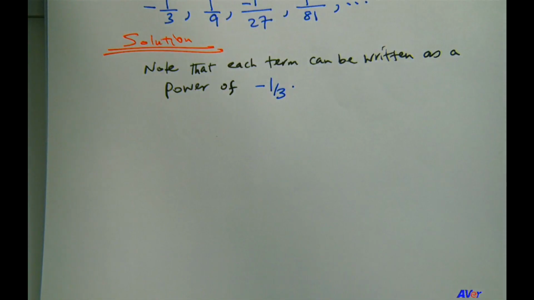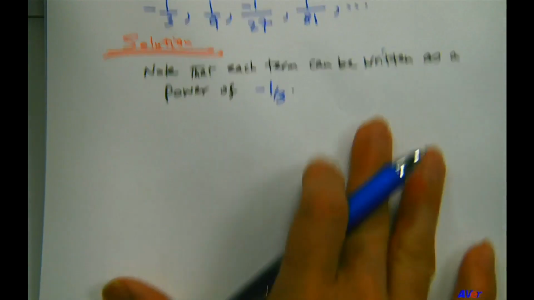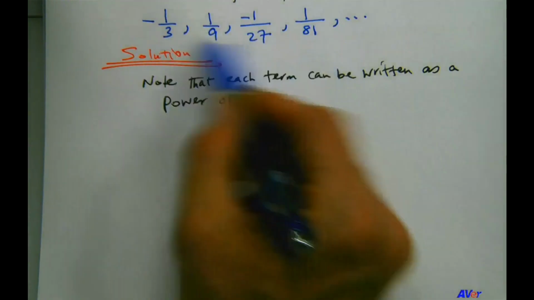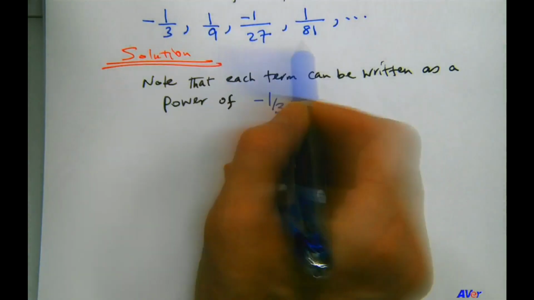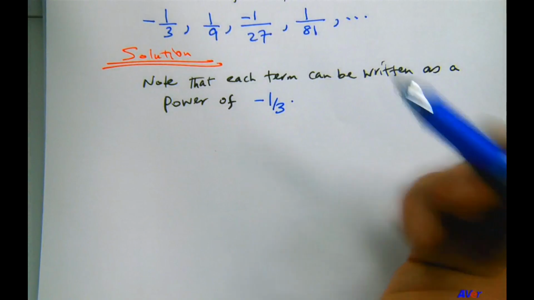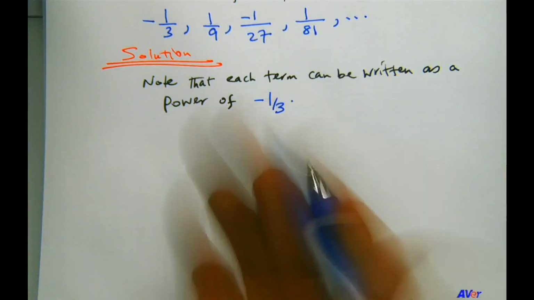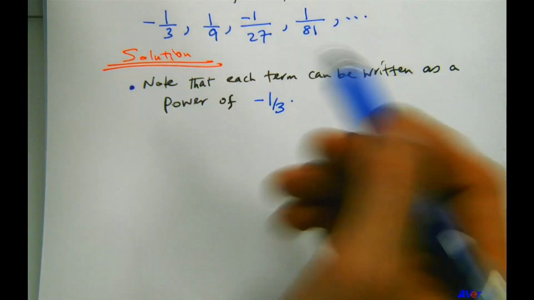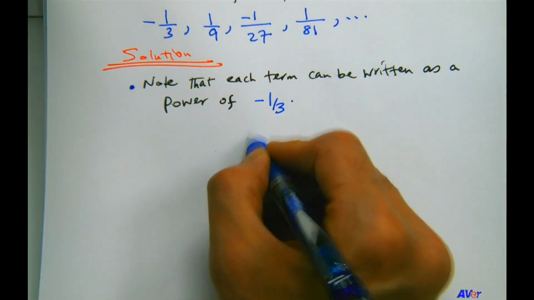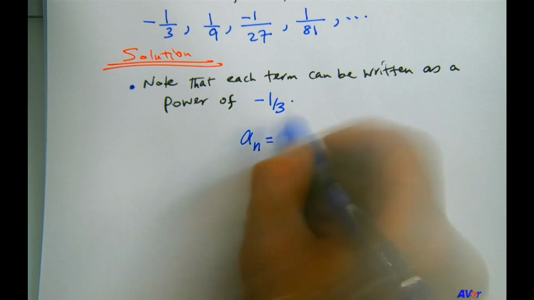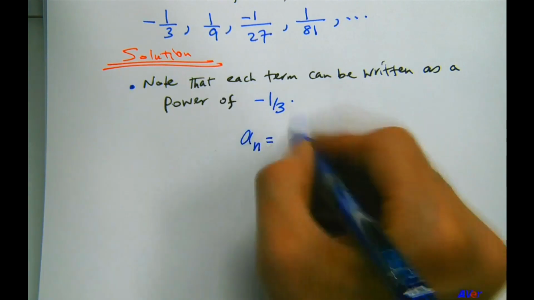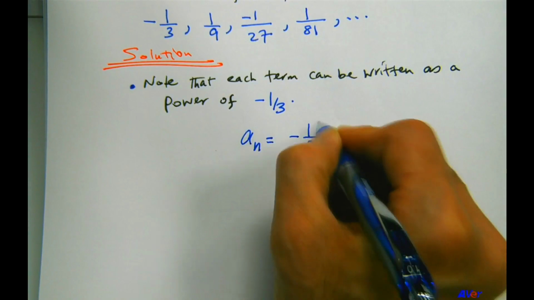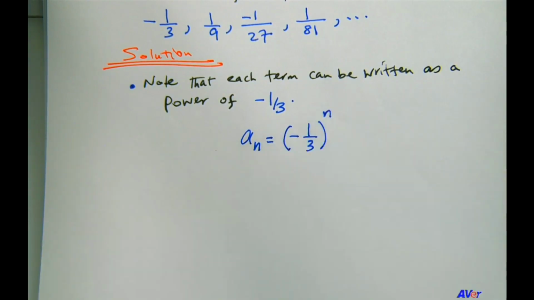In other words, you write this down and you check to see if you can generate these numbers from the nth term. So our first guess, an educated guess, but a guess because we haven't tested it yet, would be that the nth term of the sequence is minus 1/3 to the nth power. Okay? So that's our first guess for this easy sequence problem.